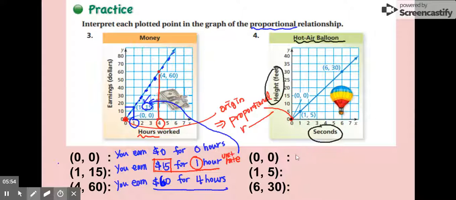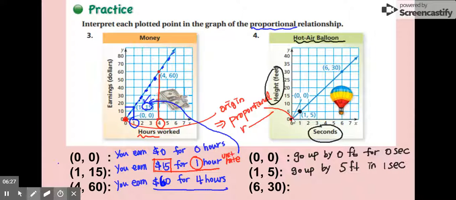So you go up 0 feet in how many seconds? 0 seconds. In 0 seconds you don't go anywhere, right? What about (1, 5)? You go up by 5 feet in 1 second.